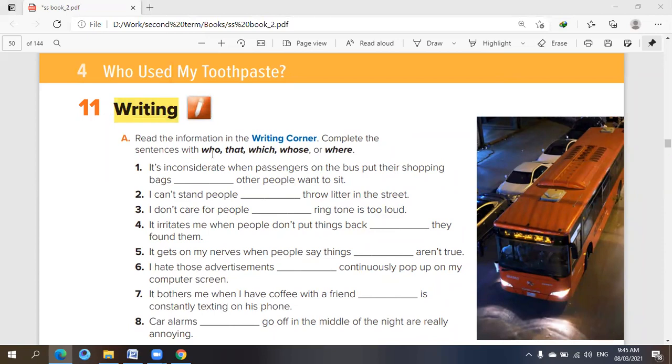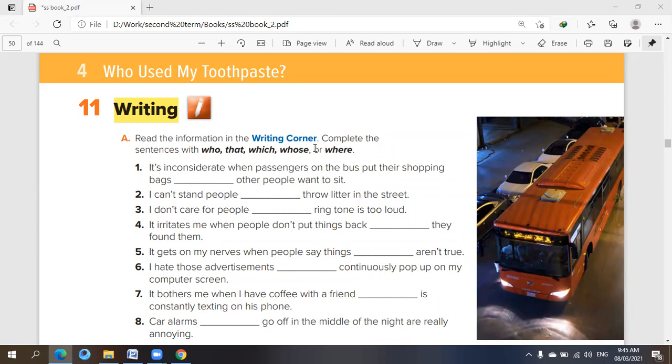Today we are going to talk about relative pronouns like who, that, which, whose, and where. They are not new, and I know that all of you know how to use each one. But we need to remember together how to use each one of these pronouns.